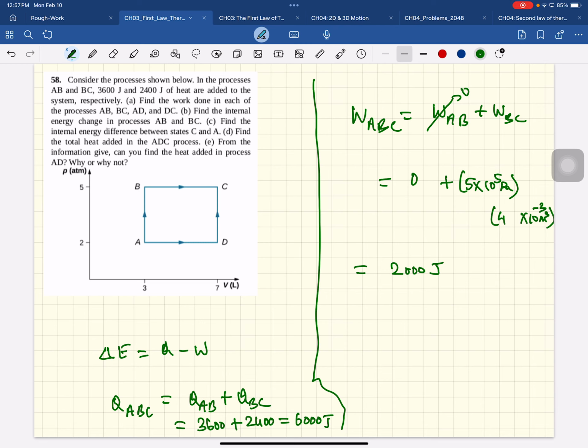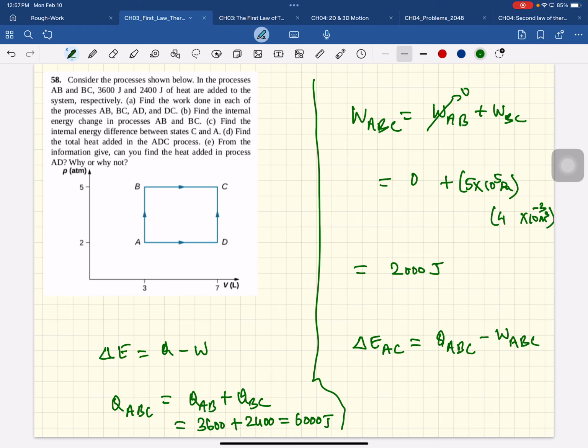So we've said that the heat added and the work done are path dependent. We know the heat added along this path, and we just calculated the work done along that path. So change in internal energy, A to C, is QABC minus WABC.